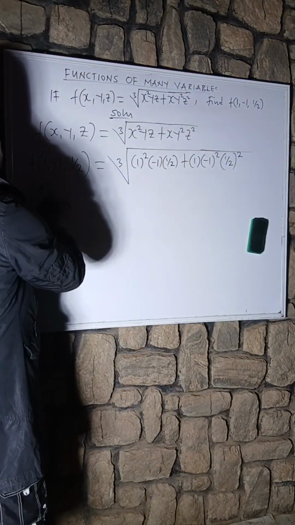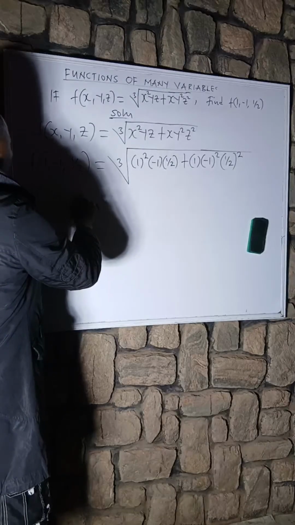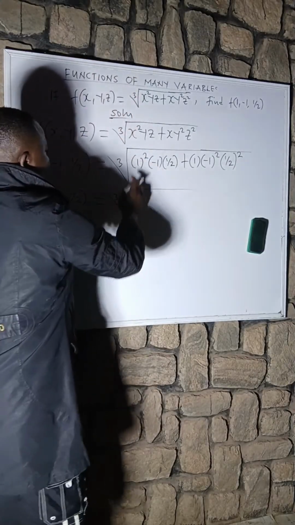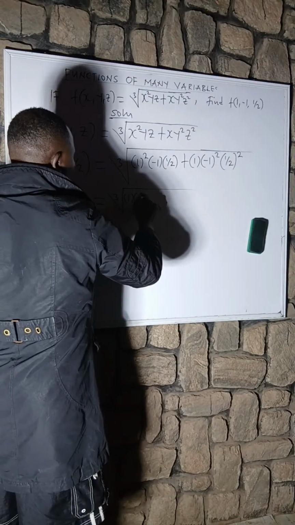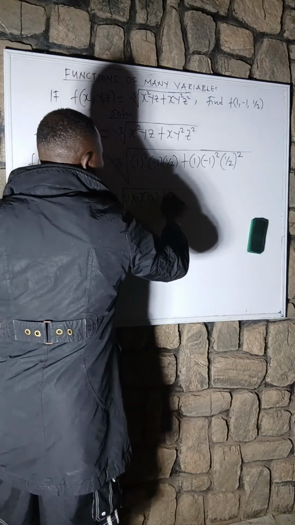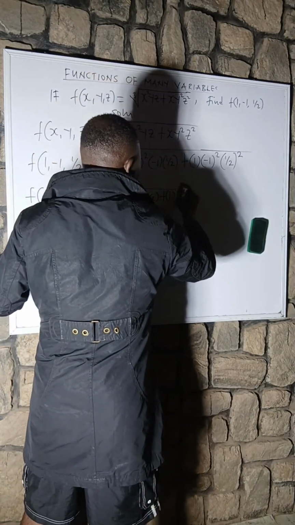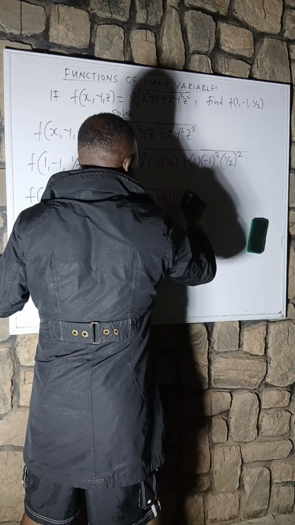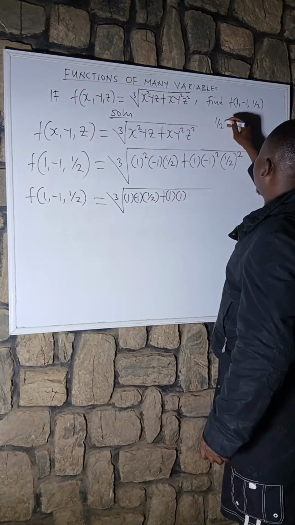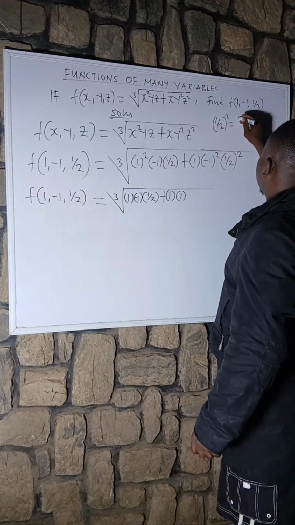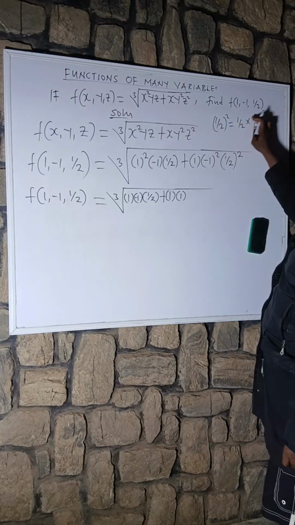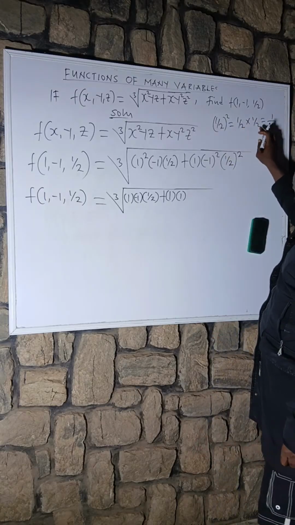So our f of 1 comma minus 1 comma 1 all over 2 will now be equal to the cube root of 1 times minus 1 times 1 all over 2 plus 1 times this will give us 1 times 1 all over 2 all in square, which is the same as 1 all over 2 times 1 all over 2, which is equal to 1 all over 4, true or false? Plus 1 times 1, 1, 2 times 2, 4.